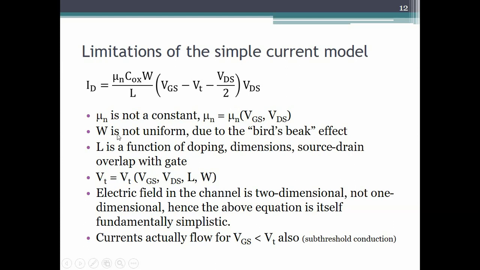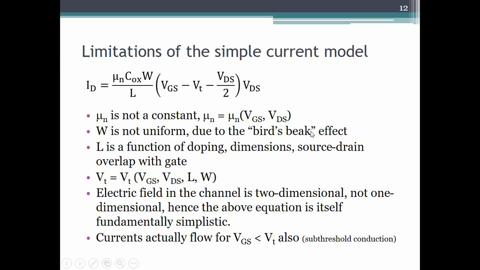It turns out that W, the width of the MOSFET, is actually not a constant, and it is not uniform. W is the width of the gate below which is the oxide, but the oxide thickness varies at the ends of the MOSFET, and this is called the bird's beak effect.